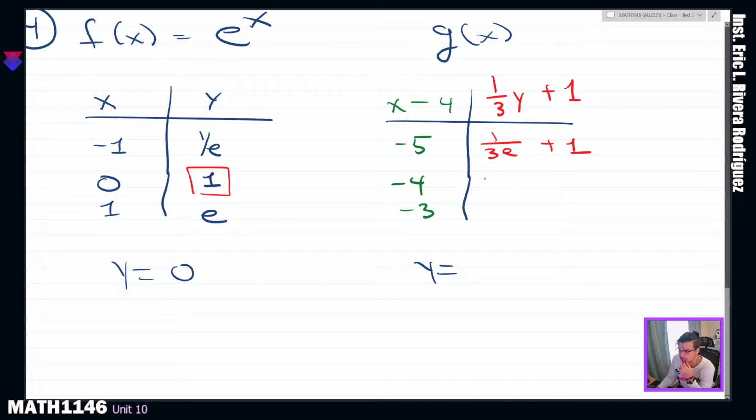So it is 1/3 times 1 plus 1. But this is something that we can simplify. 4/3. When the x value is -3.